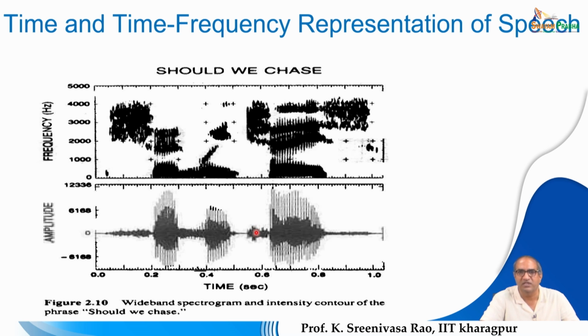Then a is again voiced, so you can see voiced excitation. Then z is again noisy, unvoiced excitation. So the voiced and unvoiced parts can be clearly seen.